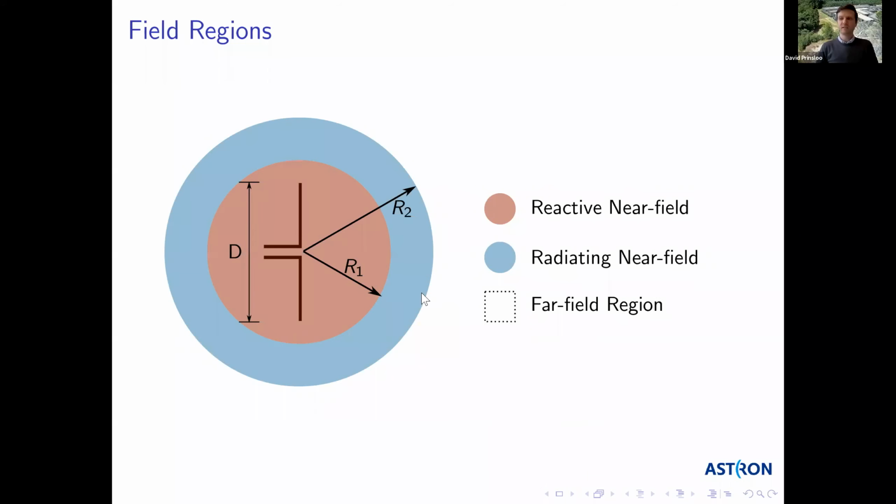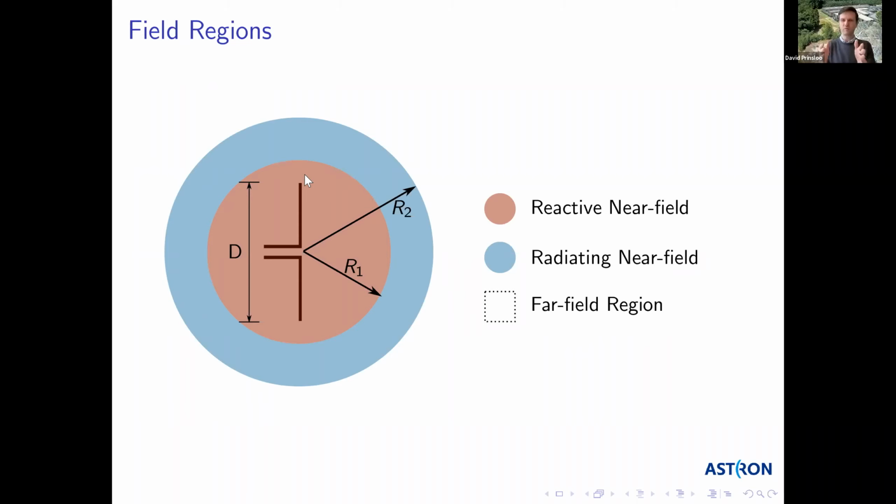As I said, there are these field regions that we characterize antennas in. As I show here, you have the area immediately around an antenna element. This is called the reactive near field. In this region, the field components, the radial, the theta, and the phi component, are still very dependent on the distance that you're away from the antenna.